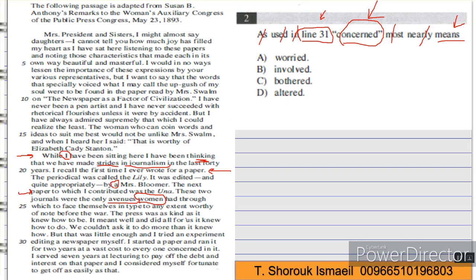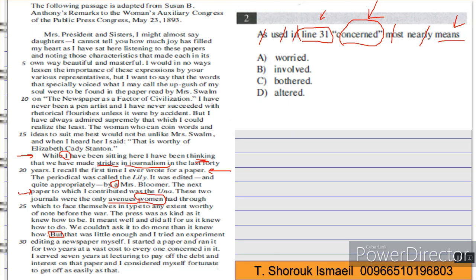The press was as kind as it knew how to be. It meant well and did all for us it knew how to do. We couldn't ask it to do more than it knew how. But, again, transition, okay, that was little enough.